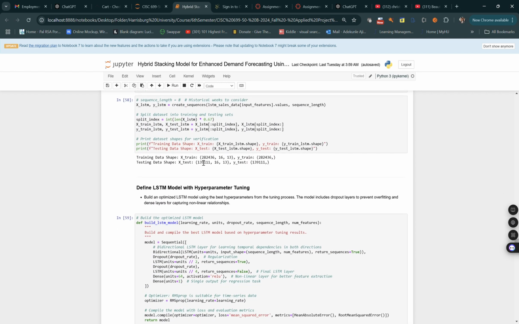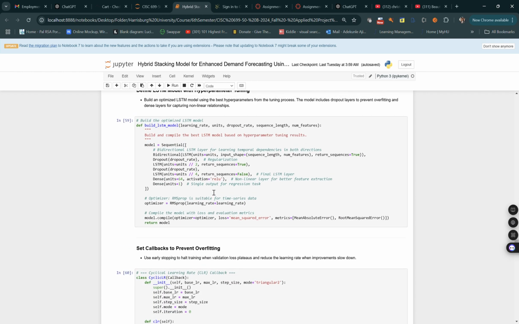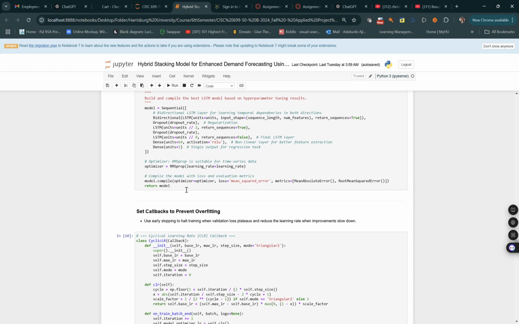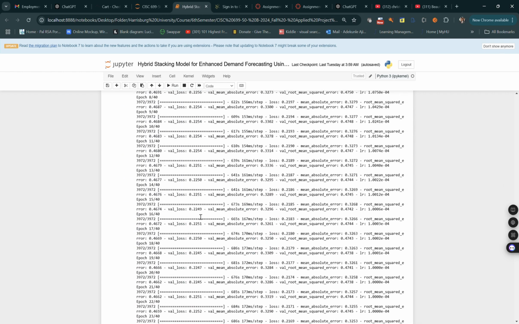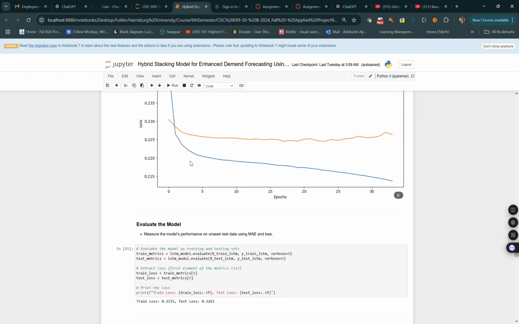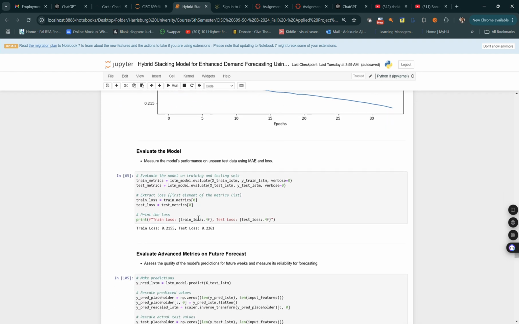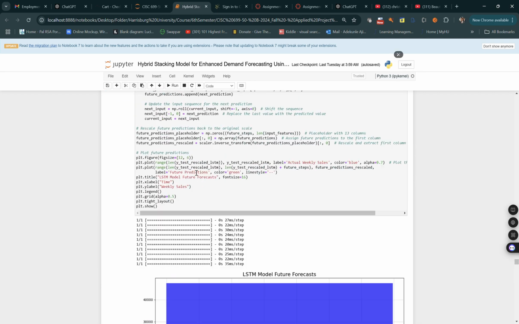It also applies other functions to prevent overfitting, and the model was trained. The model performed maybe slightly better than CNN, but it also needs tweaking. If you can see, we have 0.31, so the future prediction.